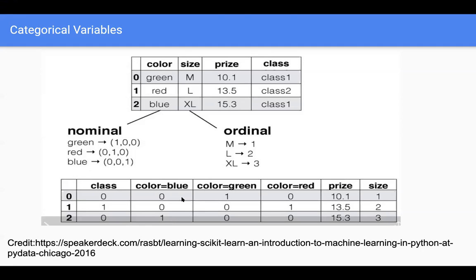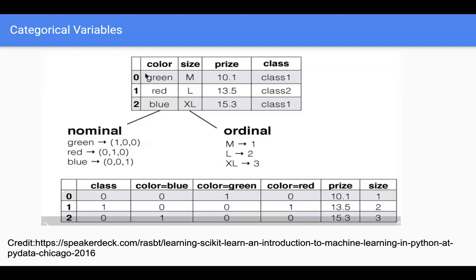Similarly, we have blue and red. So these become 3 additional columns for representing a color. You can see that there is just one color column, but when you encode that, we now have 3 additional color columns, and each of them represents the different values associated with it.